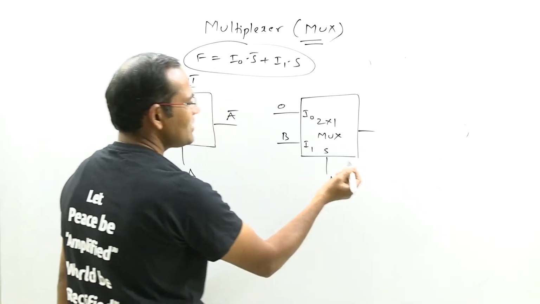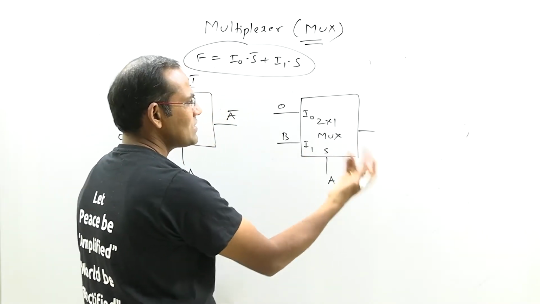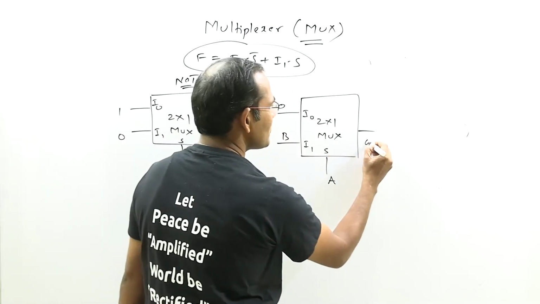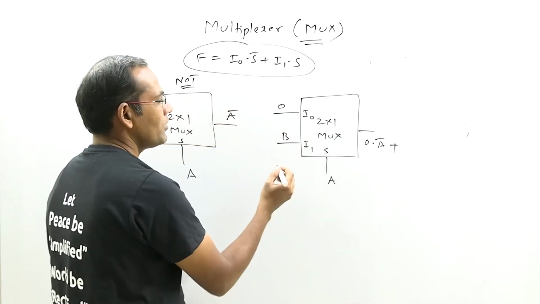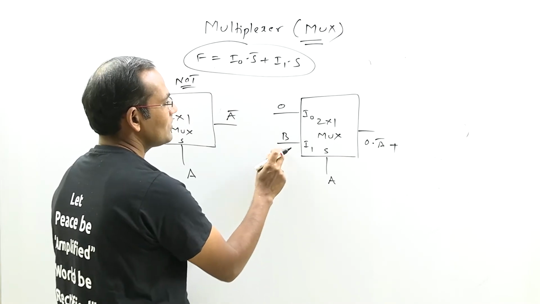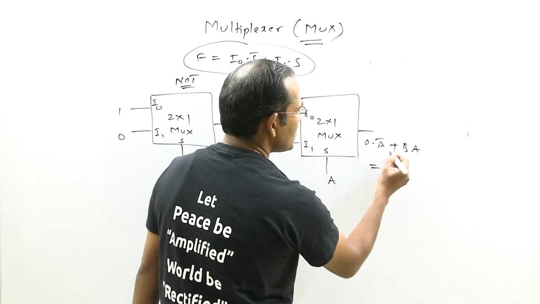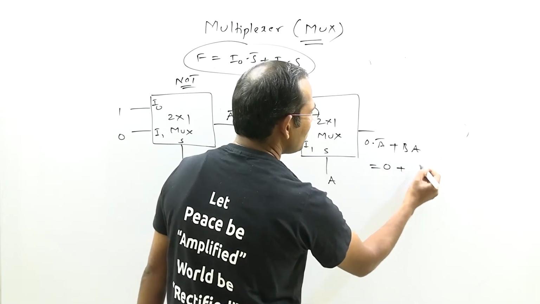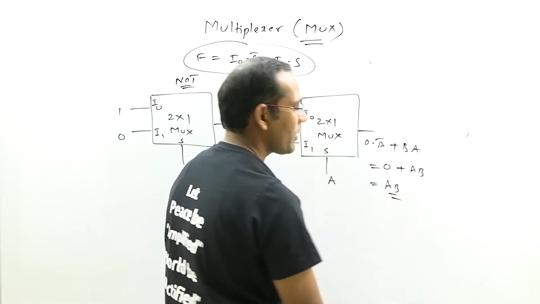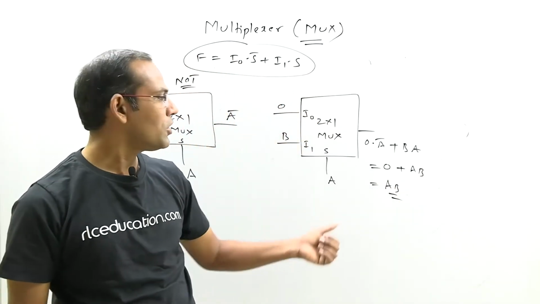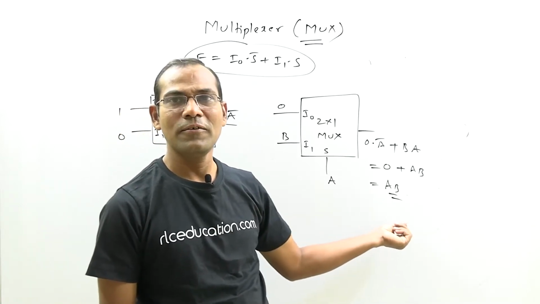The output expression is I0 into S bar, plus I1 into S. Here I0 is 0, so 0 into S bar, which is A bar, plus I1 into S. I1 is B, so B into A. 0 into A bar is 0. So we get A into B, or B into B. Both are the same, so the output is A. So it is working as an AND gate.